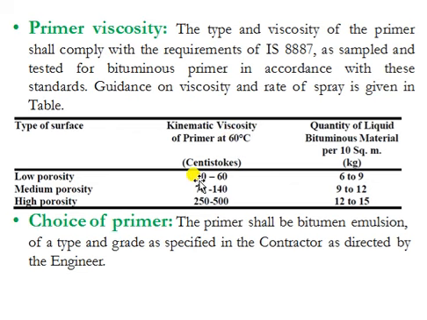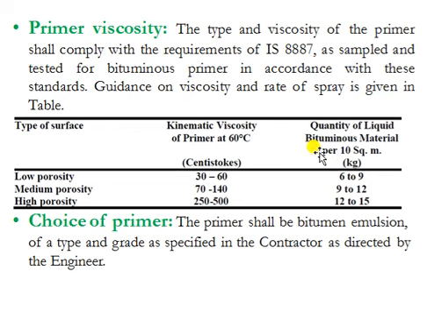For low porosity, the viscosity of primer should be between 30 to 60 at a temperature of 60 degrees Celsius, and for medium porosity, the viscosity should be between 70 to 140. For high porosity, the viscosity should be between 250 to 500.